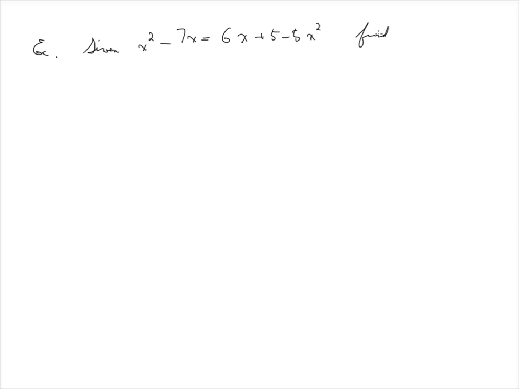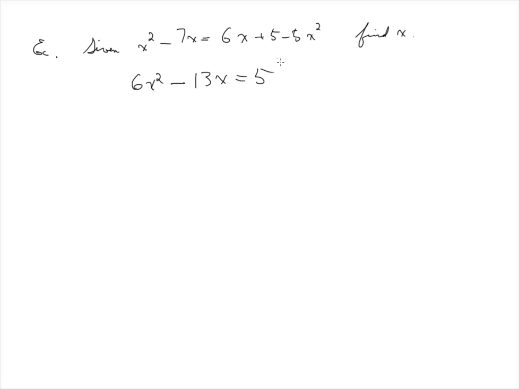Find x. Okay, so we can simplify this by collecting like terms. So we can reduce the number of terms by collecting x squared and then pull the 5x squared to the other side. So then we get 6x squared minus 7x, but then the 6x we can pull to the other side, so we get minus 13x is equal to 5.